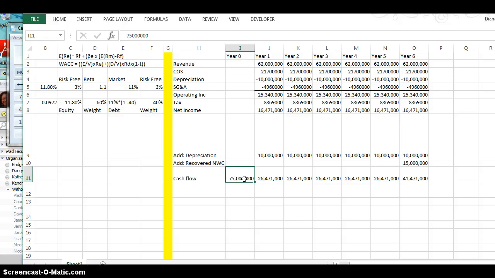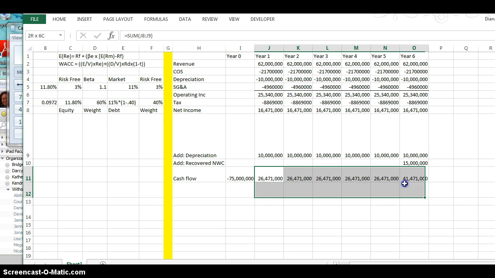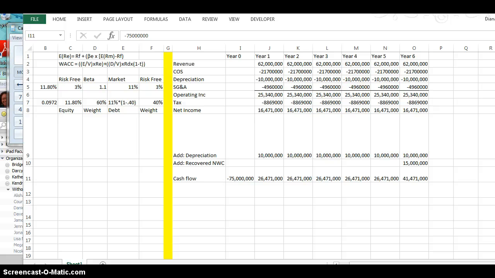And then what do we have to do to get the internal rate of return? All we have to do is use the IRR function on these cash flows. And then we will have our internal rate of return.